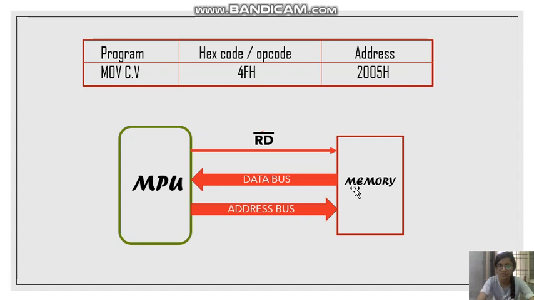But before that, our microprocessor will send a signal, that is the read bar signal, which is an active low signal, which will tell our memory that it needs to read the data at a particular location. After receiving that signal, our memory will put the data on the data bus and send it back to the microprocessor.